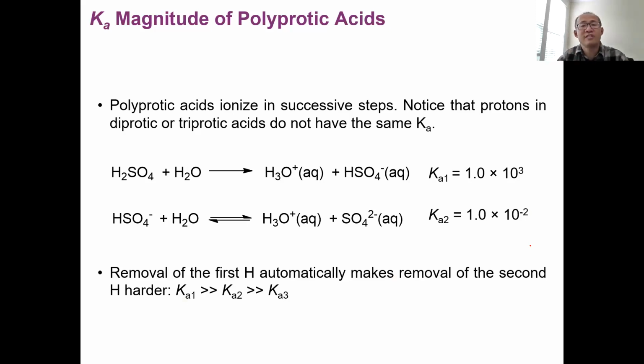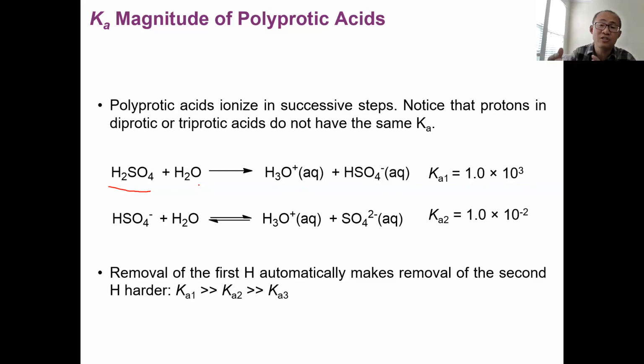Now, after you understand Ka, let's take a look at a diprotic acid we have introduced before, sulfuric acid, to show you what happens when an acid contains more than one ionizable proton. We know sulfuric acid has 2 hydrogens. Both hydrogens are ionizable. That's why sulfuric acid is called a diprotic acid.